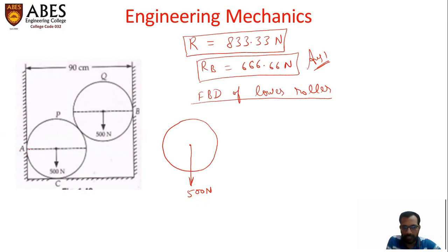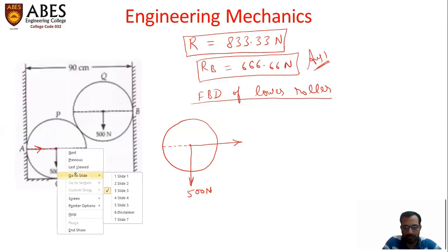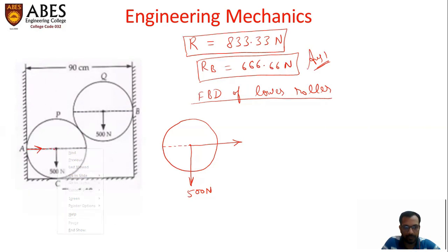The reaction from point A will act towards the right, like this. I'm going to show this reaction at the center of this roller according to the principle of transmissibility. So this is RA.